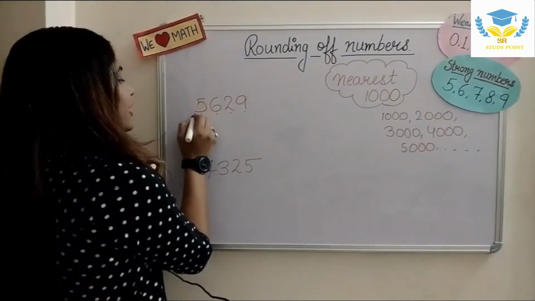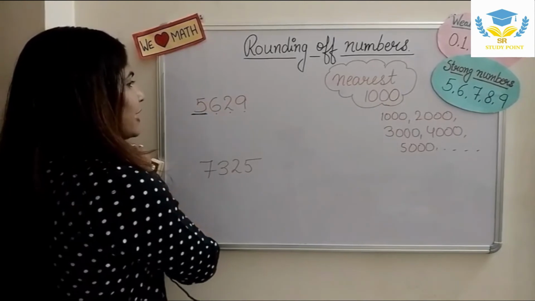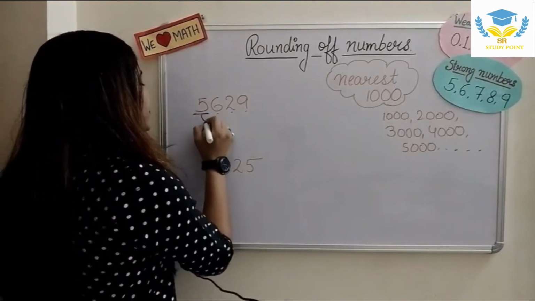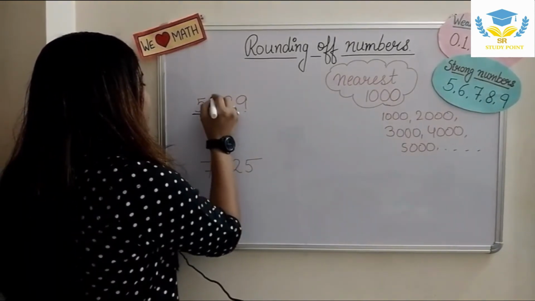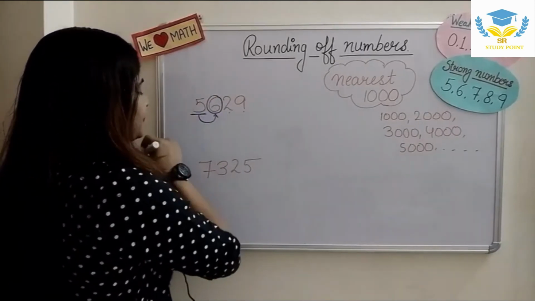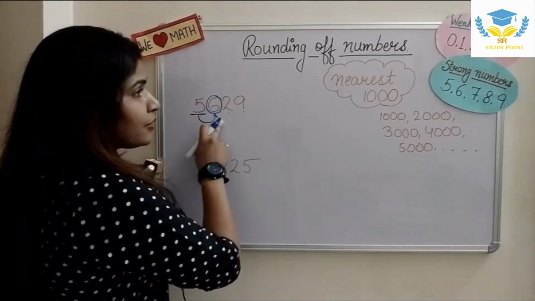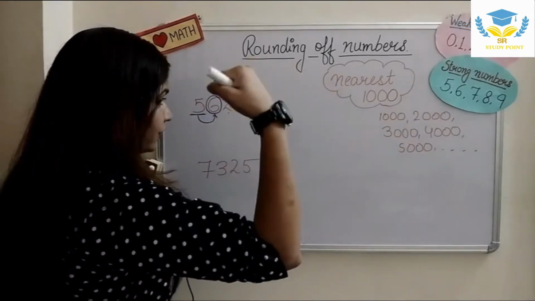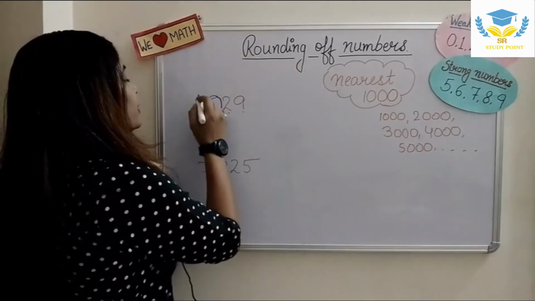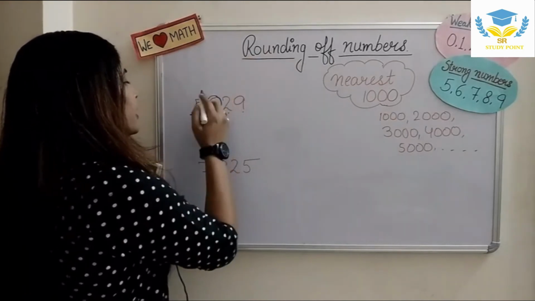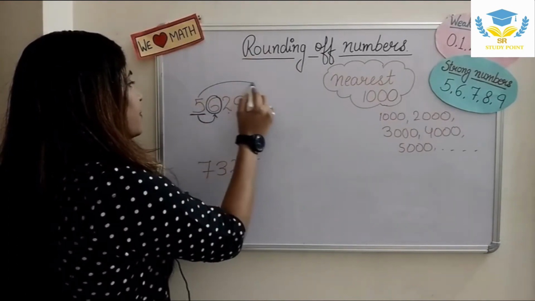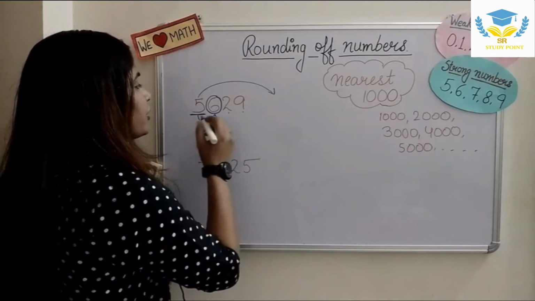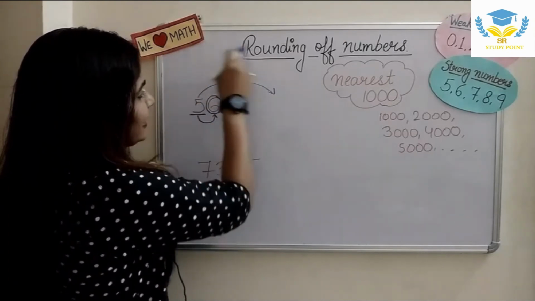So this 5 is at the 1000 place, and we are going to circle this number, that is 6. And as 6 belongs to the strong number family, it is powerful, and it will push this number to the next number.